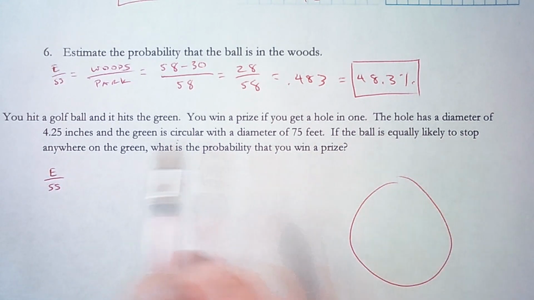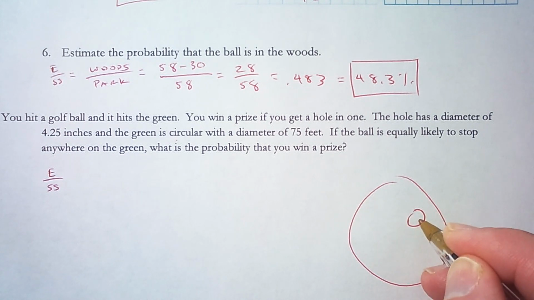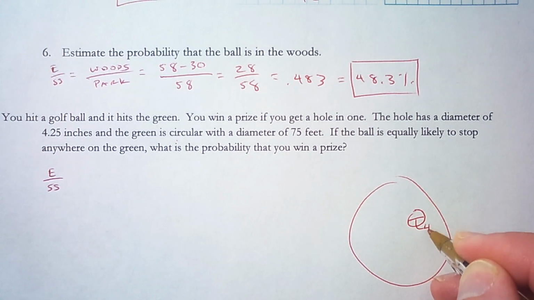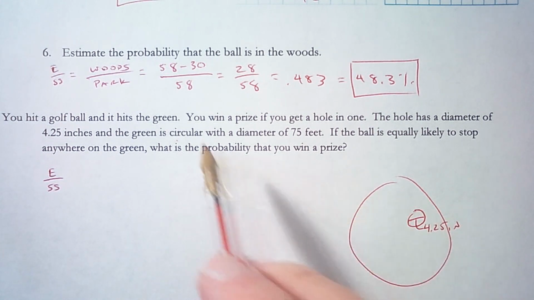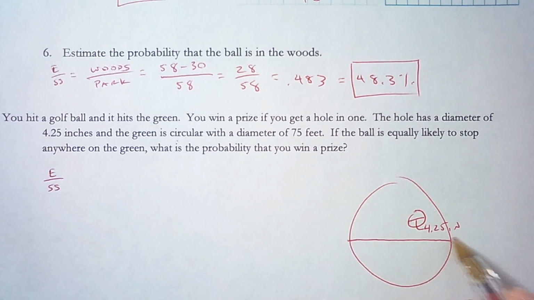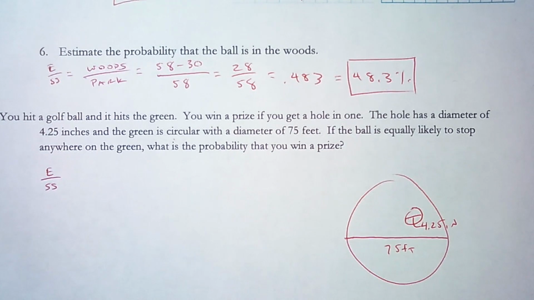Now, the cup that you're trying to get this in is a circle, and it has a diameter of 4.25 inches. The green is a circle with a diameter of 75 feet. The ball is equally likely to stop anywhere on this green.